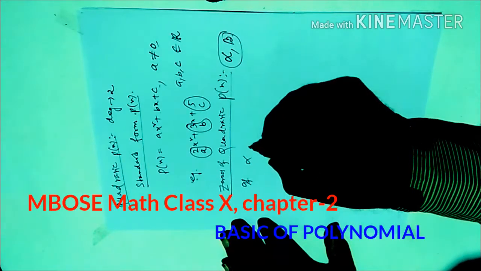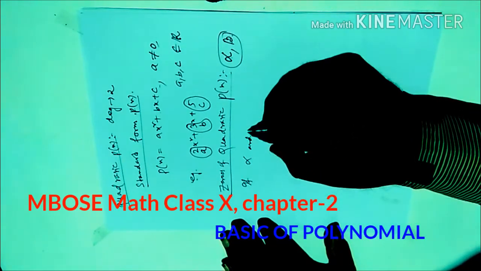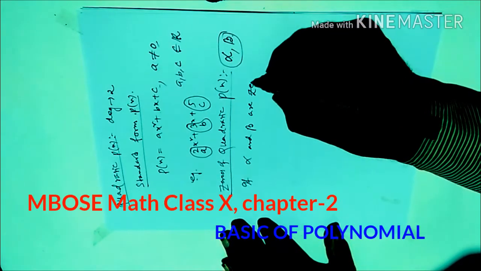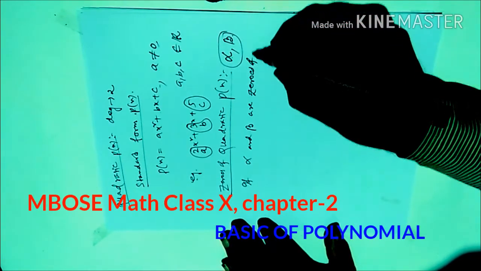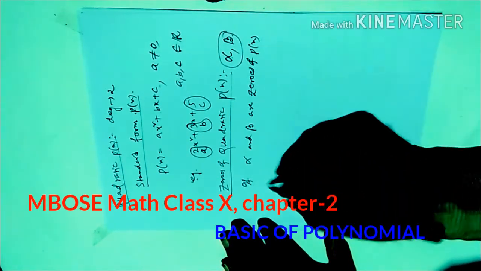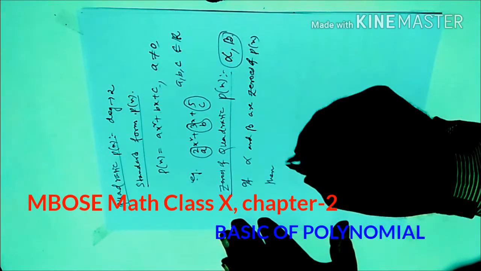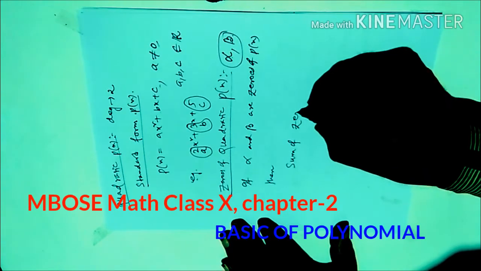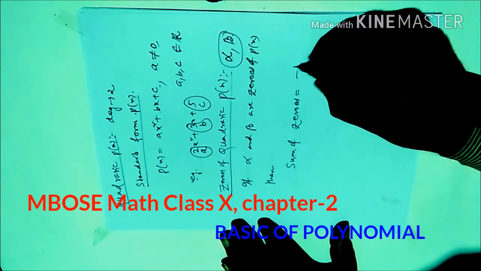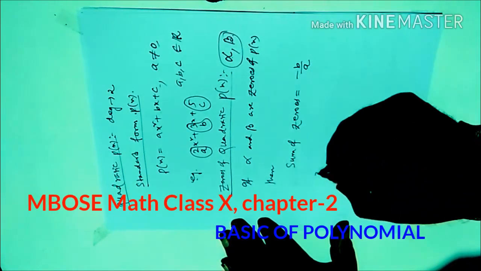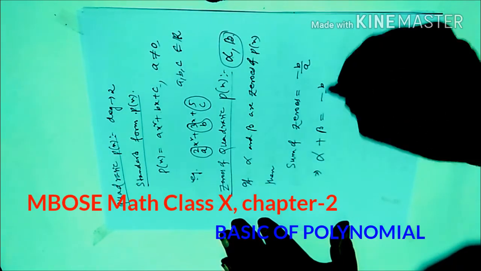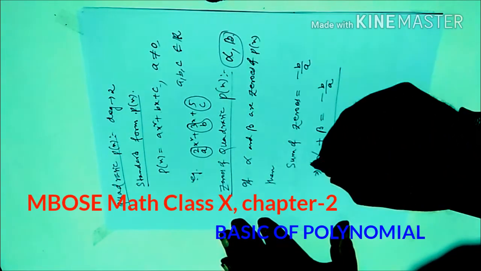So if alpha and beta, which are the symbols of the zeros, are zeros of p(x), then you will get: the sum of zeros is equal to minus b by a. Sum means plus, zeros means alpha and beta, minus b by a.